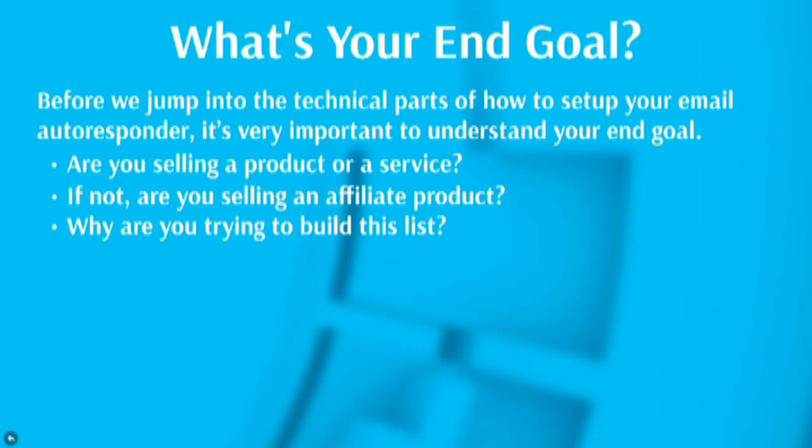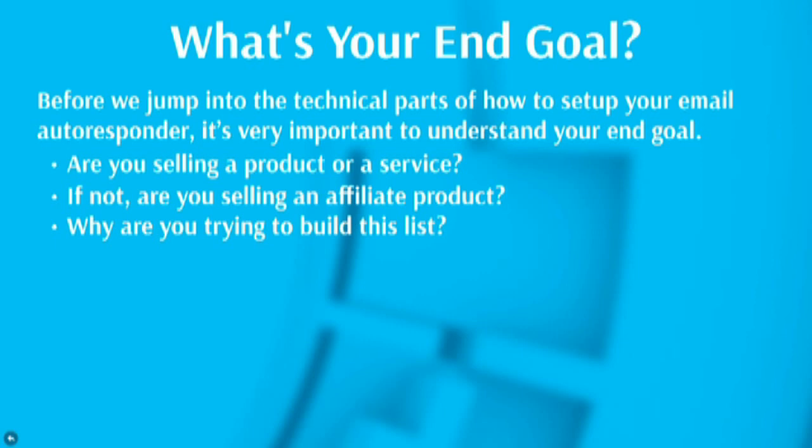Instead, you can provide a little bit of value and build that relationship up front, and then, of course, you can sell somebody else's product. So it's similar, but slightly different. But knowing your end goal is key. So if you're selling a product or service right now at this very moment, then write that down. If you're not, and you're selling an affiliate product right this moment, then jot that down.